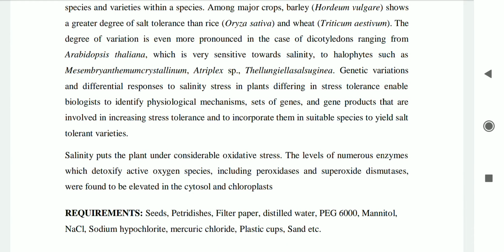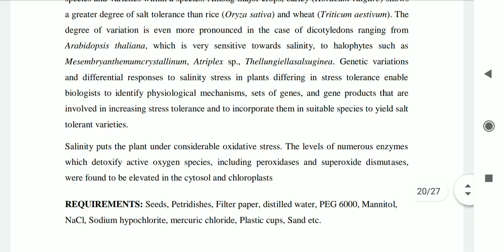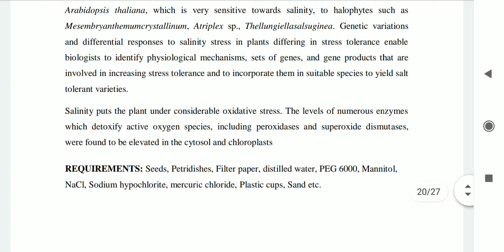So genetic variations in any plant need to be identified. There is a need to identify genetic variations of plants which are salt tolerant and stress tolerant, so that we know which sets of genes make them salt tolerant, and incorporate them in other food crops or other crops.